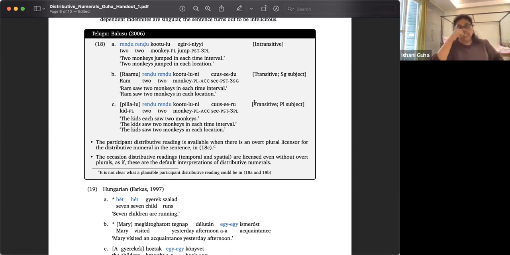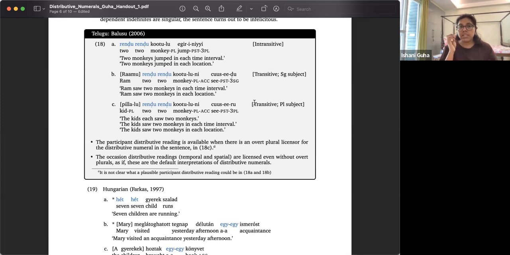Similarly, 18b, it's a transitive sentence, but with a singular subject. So Ram saw two monkeys. So, Ram, rendu monkeys saw. Okay. Balasu, and also Jayashilan, say that this sentence also has the occasion distributive readings.